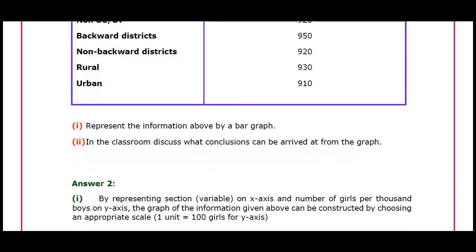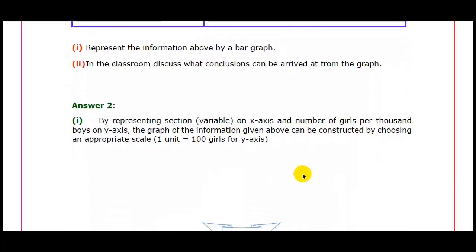So looking at the graph, you have to write what conclusion has been arrived at. So you can construct your bar graph by representing the sections on the x-axis and the number of girls per thousand boys on the y-axis. The graph of the information given above can be constructed by choosing an appropriate scale. So we have chosen appropriate scales: 1 unit is equal to 100 girls for the y-axis.